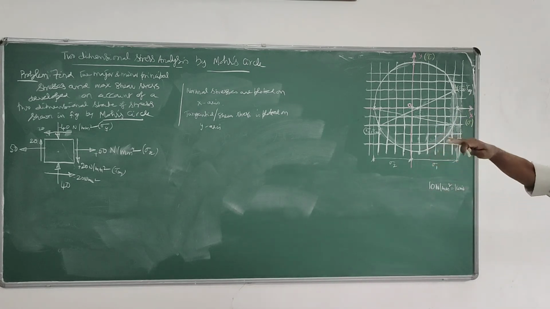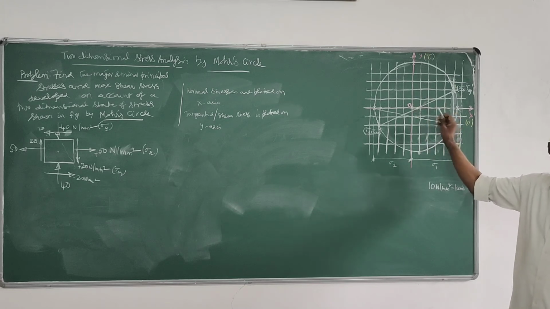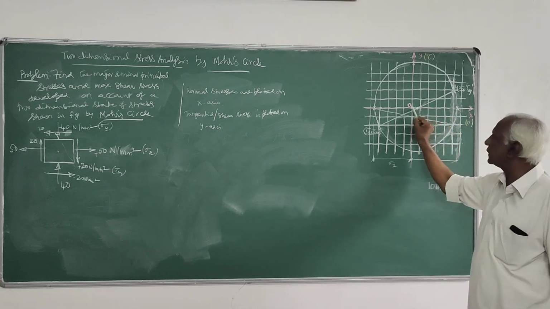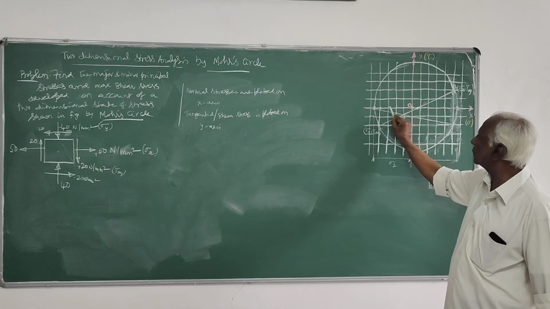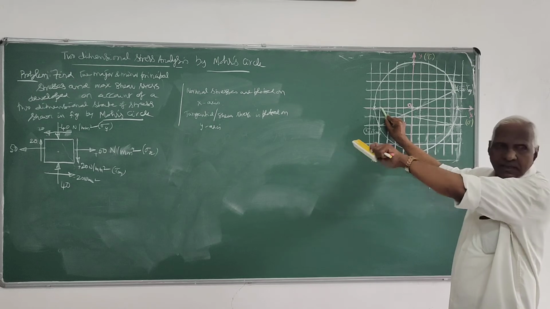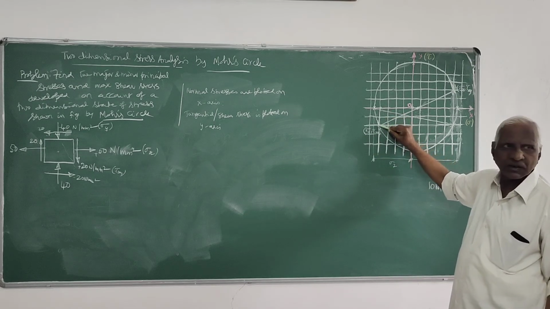Next, on the other plane, the horizontal plane, I will take what is the normal stress and shear stress. Normal stress is minus 40. If it is plus 40, you plot it on the plus side. Now here it is minus 40. I will take this side 1, 2, 3, 4, minus 40. Then shear is 20 anti-clockwise, so I have to plot it down.